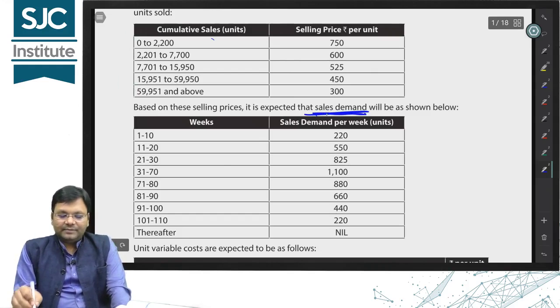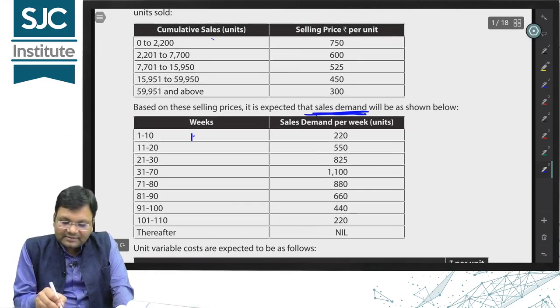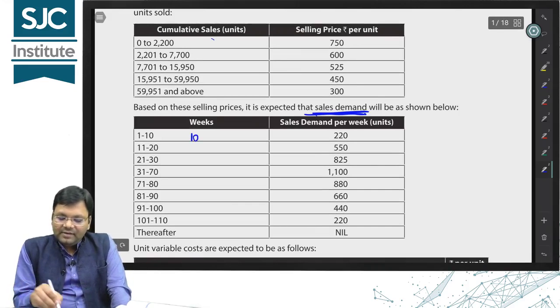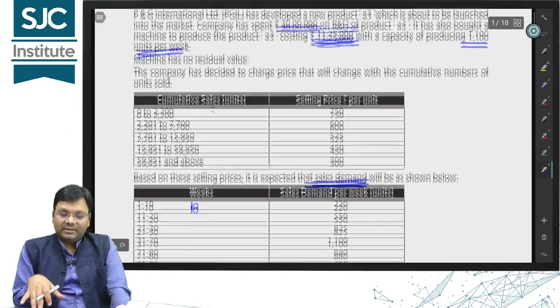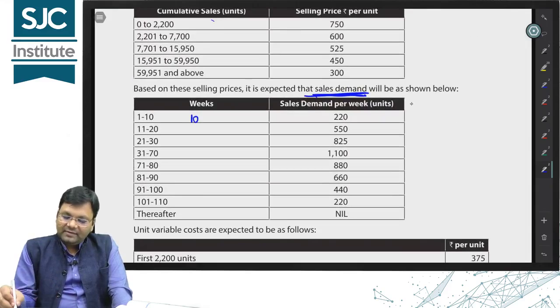Sales demand is here. So first 10 weeks, sales demand will be 220 per week. Our capacity is to produce 1100 units, but we are producing here 220. So in the first 10 weeks, what will the total sales units be?